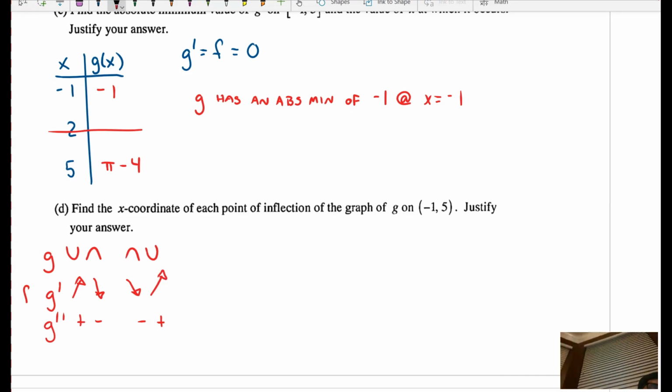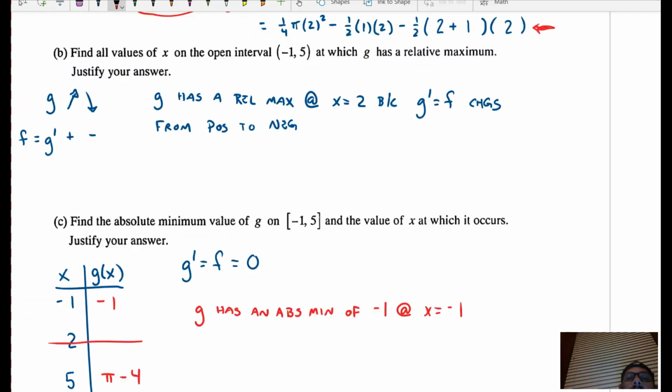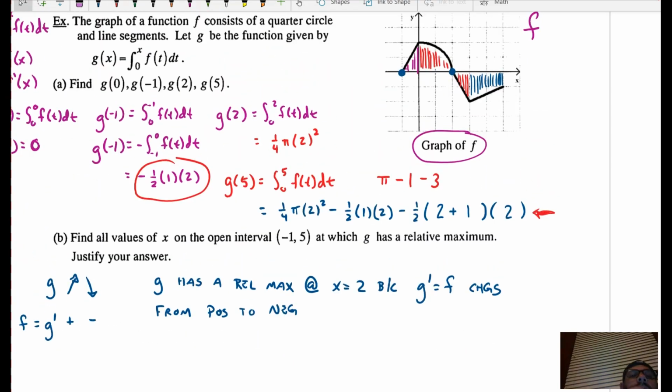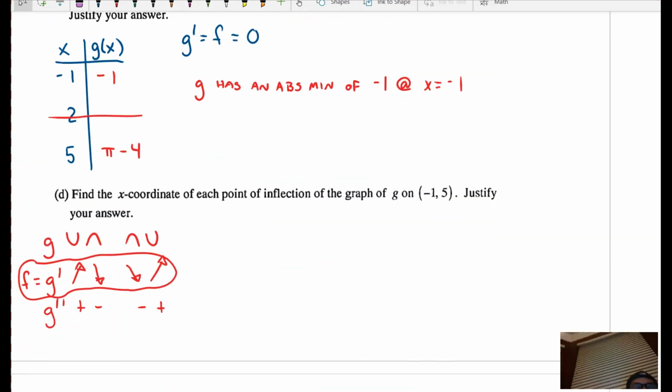And G prime is equal to F. And since we're looking at the graph of F, then we're going to look at these characteristics. So looking at the graph of F, we're looking for a change from either increasing to decreasing, that happens right here at x equals 0, or decreasing to increasing, that happens right here at x equals 3. So two x coordinates for points of inflection, x equals 0 and x equals 3.